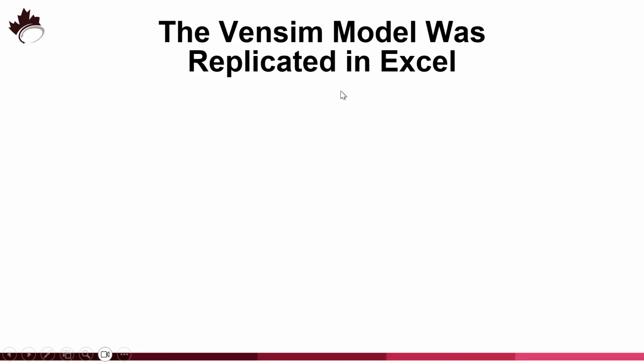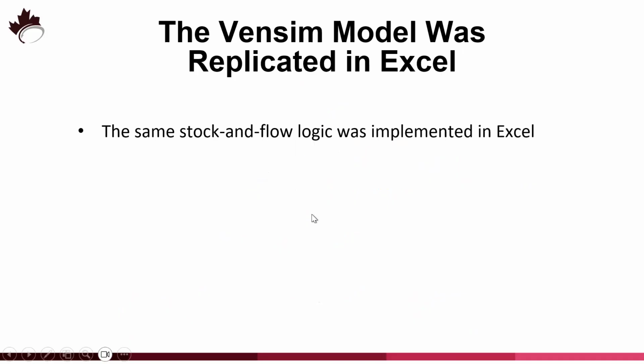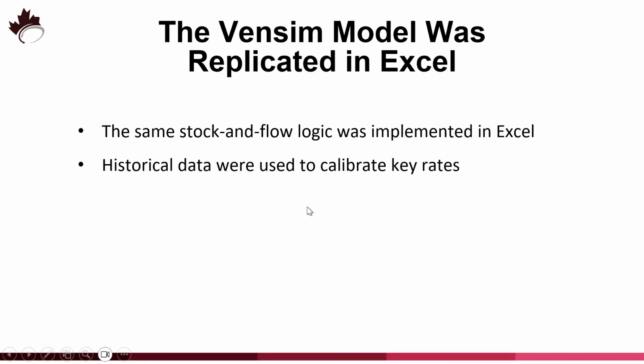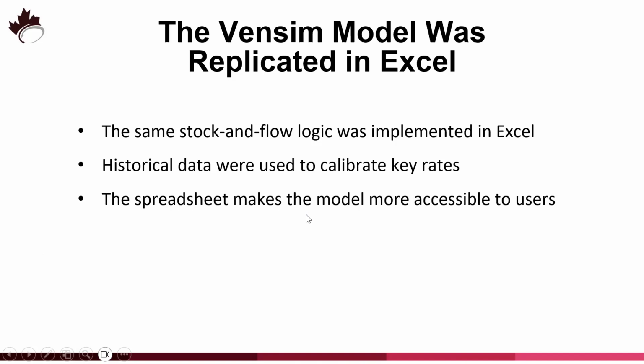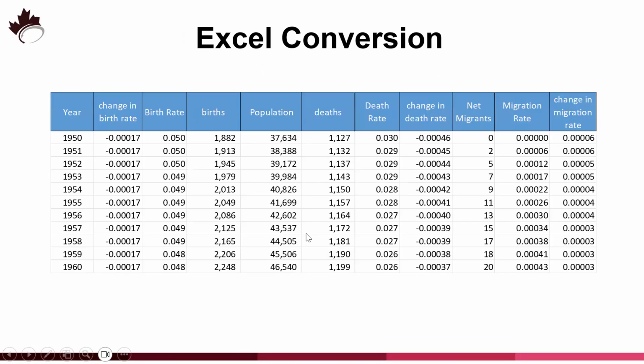So the Vensim model was replicated in Excel, and we had the same stock and flow logic implemented in Excel. Historical data were used to calibrate key rates. The spreadsheet makes the model more accessible to users. Here's the spreadsheet conversion.